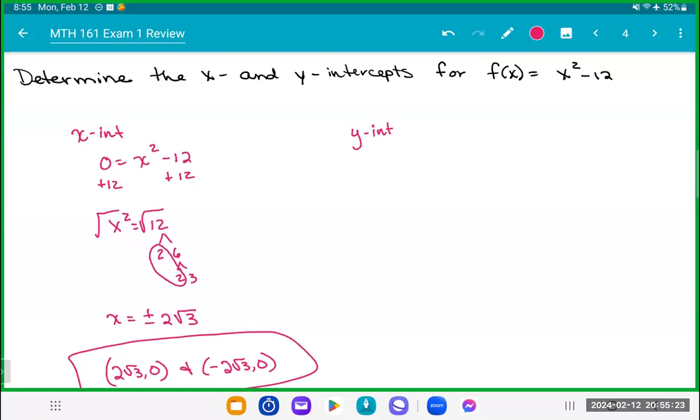The y-intercept is where I let x equal 0 in my equation. That's 0 squared minus 12, so it equals negative 12. So x is 0, y is negative 12. That is going to be my y-intercept. Okay, question.